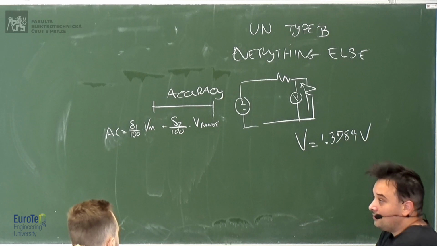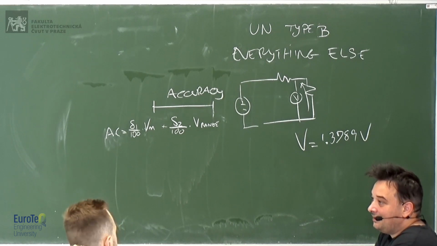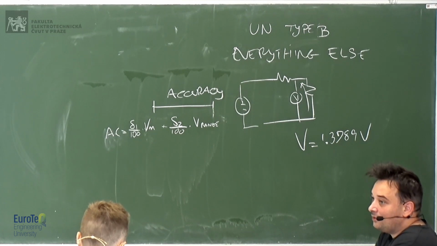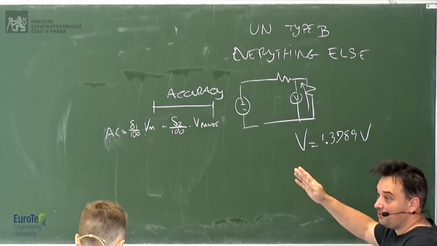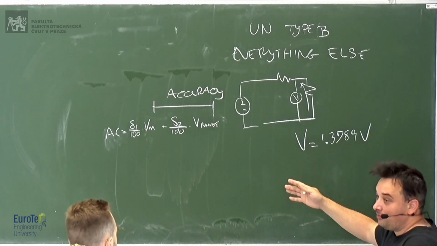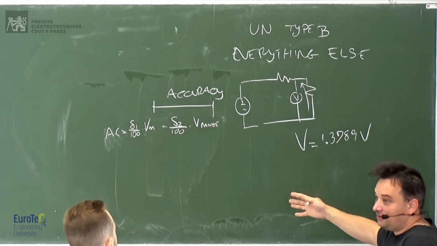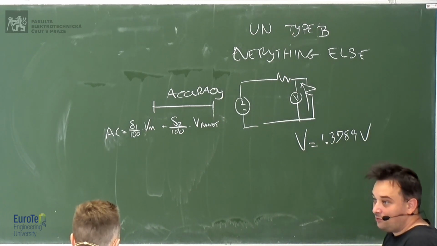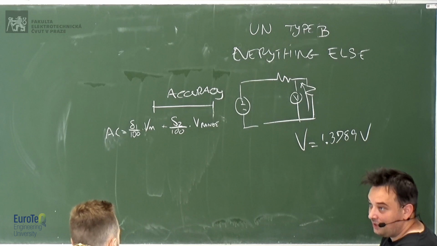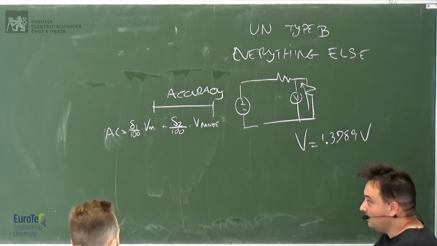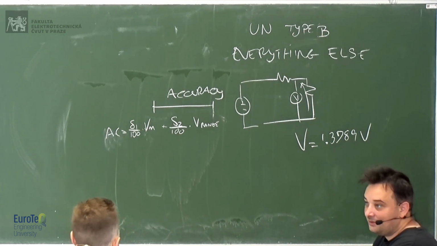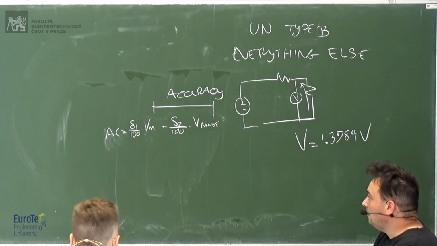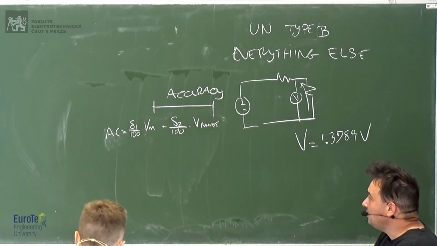So it's better, of course, to have a voltage which fills the range as much as possible. Because that contribution is constant, it's much better to have a voltage which is not small compared to the range but bigger, because then the constant value doesn't weigh that much. That is the accuracy class, the accuracy range.